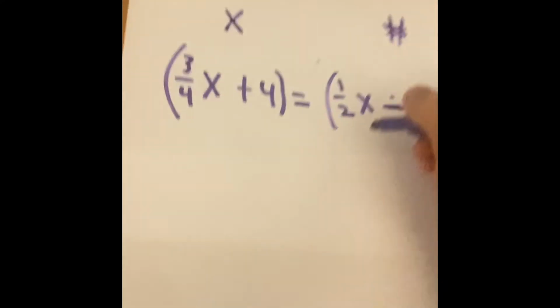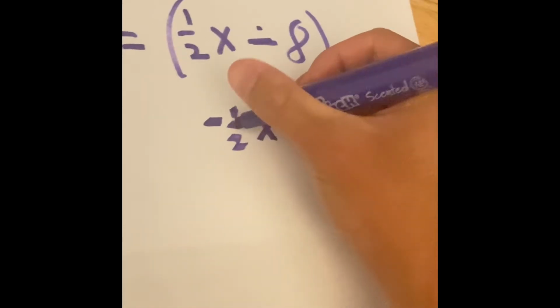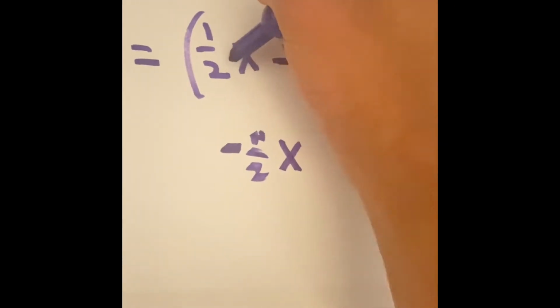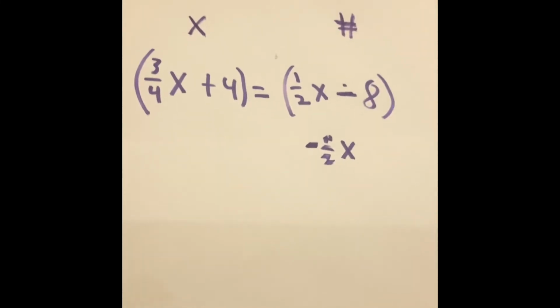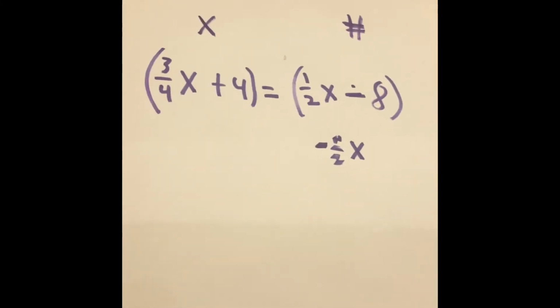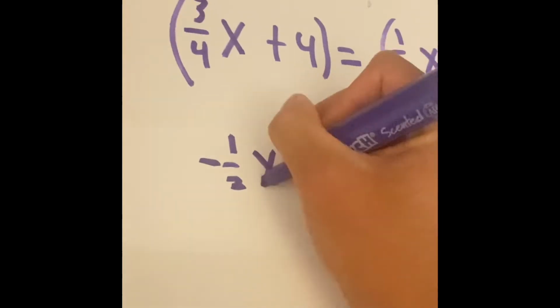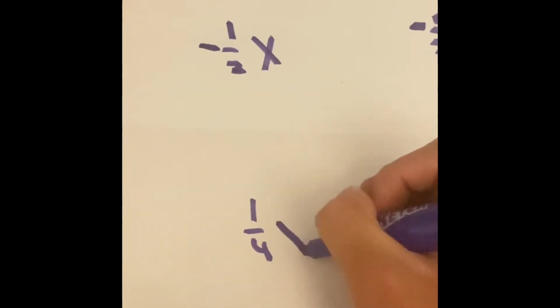We have to subtract by 1 over 2, or subtract by 1 half, because we have a positive 1 right there. When you make a move, when you simplify, you must perform the opposite move that the equation is showing you. So you have to subtract this side by 1 over 2x as well. That will bring us to just 1 over 4x.